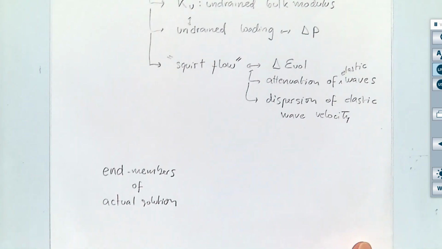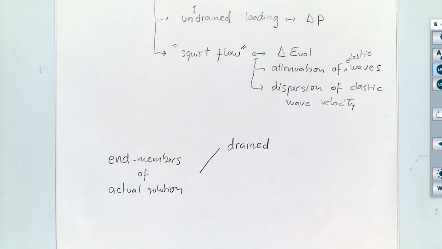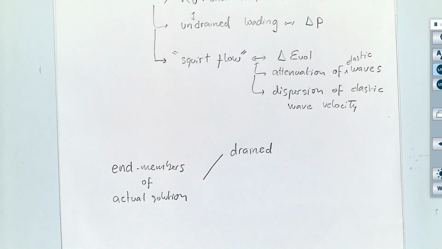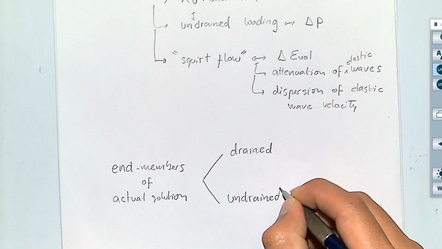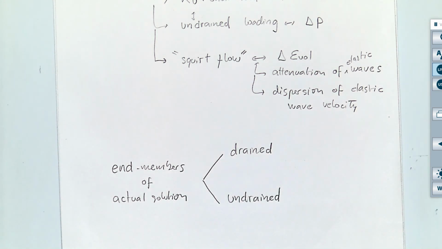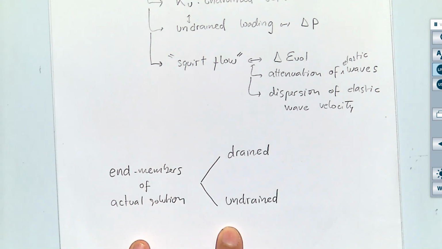And those are going to be a drained problem, which is a problem in which we assume that all the pore pressure equilibrates with the loading, and undrained, in which we assume that the fluid cannot escape as we apply a loading to a porous solid. And we're going to see solutions for the drained problem and for the undrained problem.